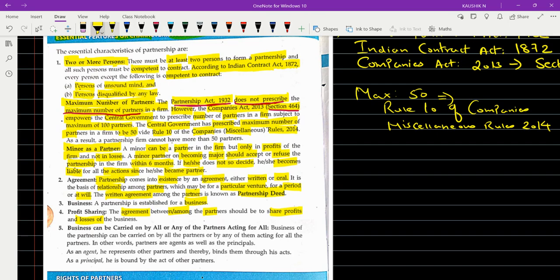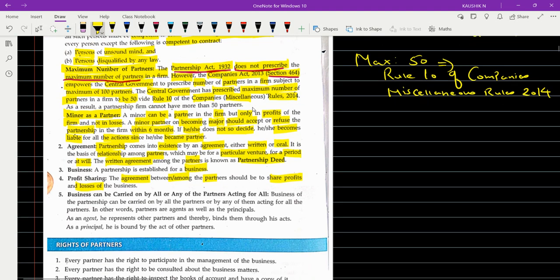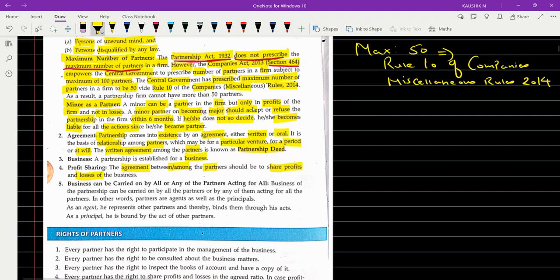So the ultimate objective of setting up a partnership business is to share the profits and losses arising out of the business activity. It should be mentioned very clearly in the agreement in what ratio you are going to share the profits and losses.